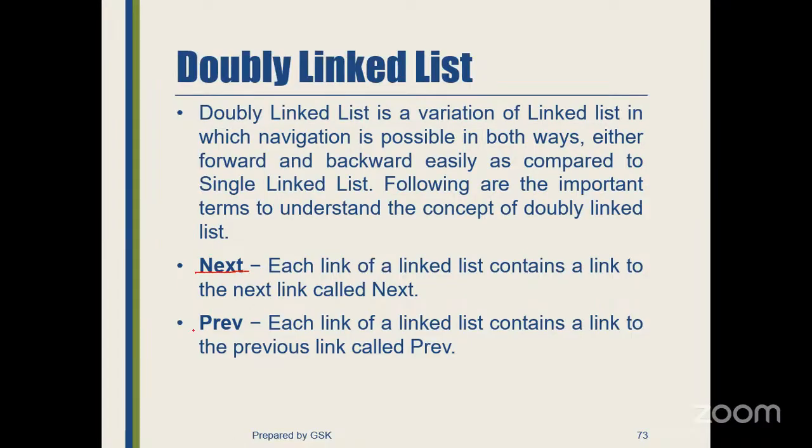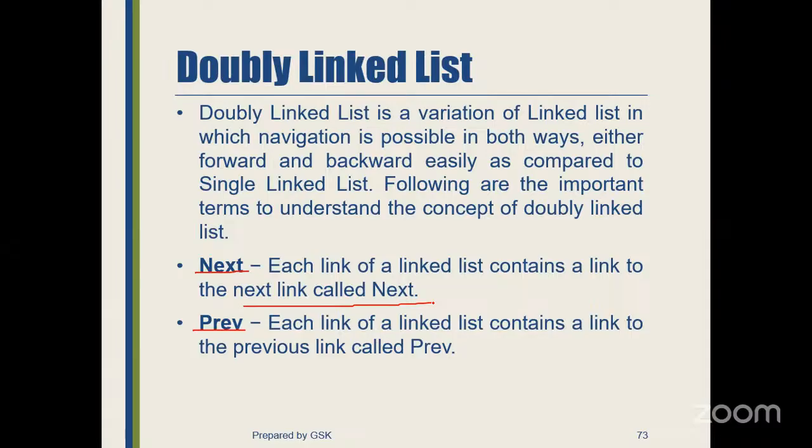For the implementation of the doubly linked list, we use two pointers: next pointer and previous pointer. In the previous singly linked list, we used only a single pointer, but here we maintain two pointers. What is next? Each link of the linked list contains a link to the next link, called next.